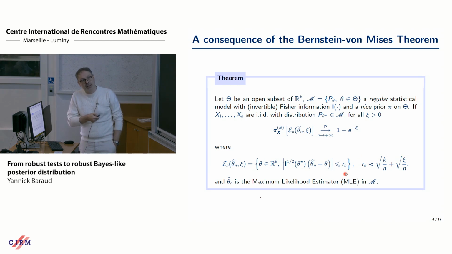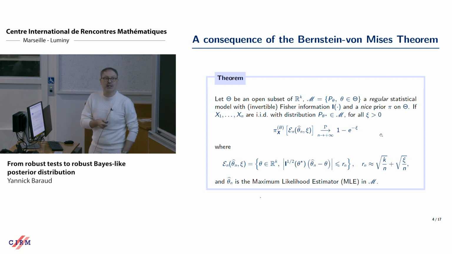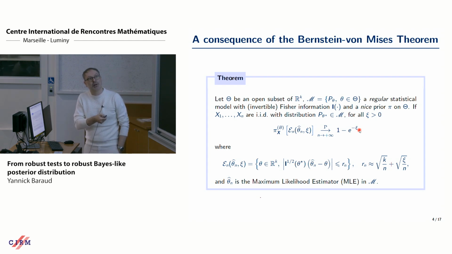And the size of the ellipsoid, which corresponds to this quantity Rn, depends, of course, on how much mass you want to put on this ellipsoid, which is controlled by the parameter psi, the number of observations, and the dimension of the parameter space, k.